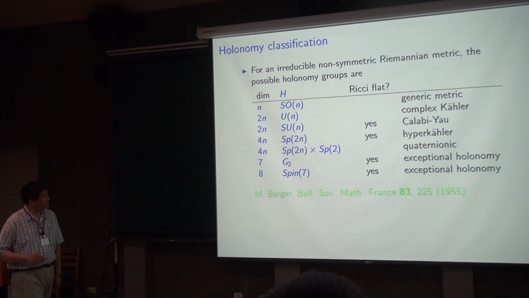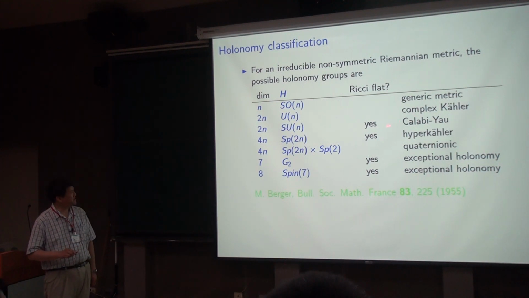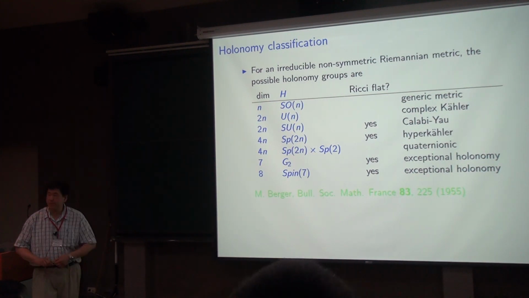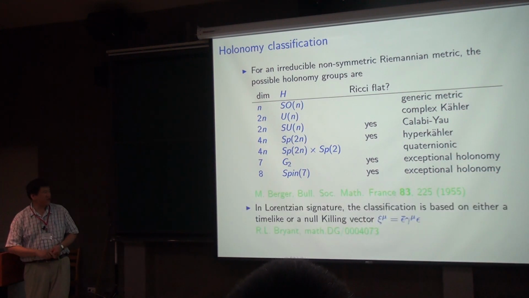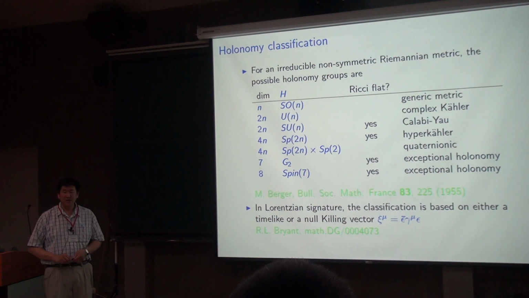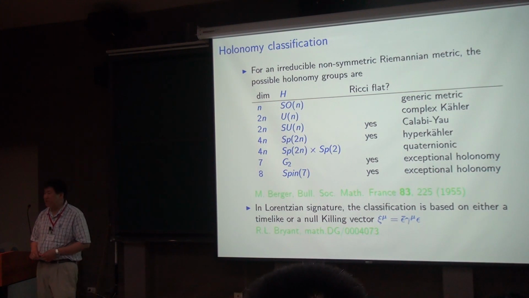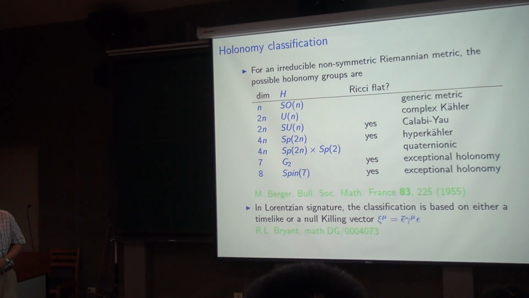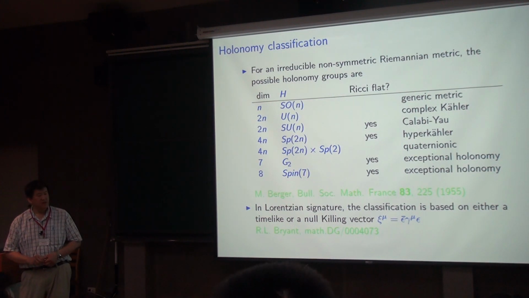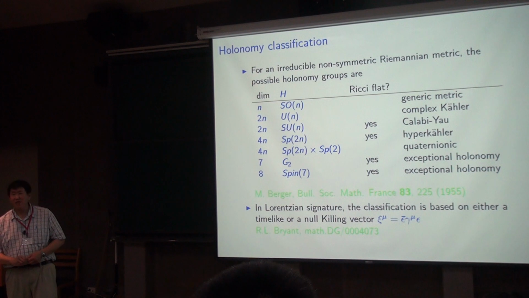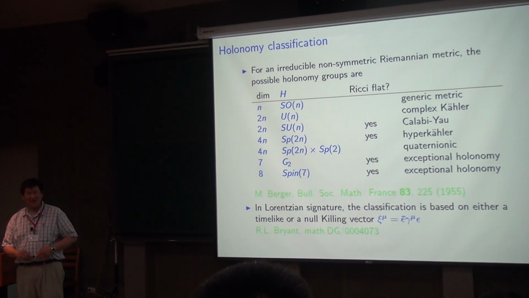For Ricci flat Kähler, SU(3) holonomy is the Calabi-Yau case. You can do the same type of classification for Lorentzian signature manifolds. I won't talk about that, but that's a little bit more complicated story. So I'm going to wrap up today just by saying a few words about Calabi-Yau for fun.